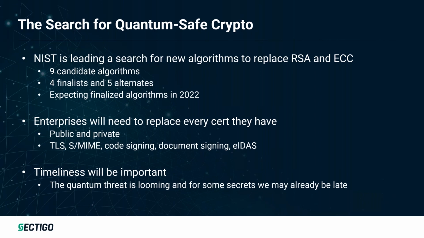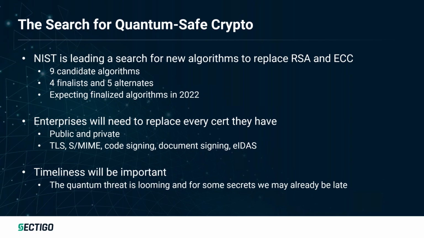They need to be fast enough to operate that we can use them in our production systems that sit on our servers, and it'll really work, right? And things along those lines. The encrypted data needs to be small enough that we can push it across our internet connections and it will really work. So that stuff's got to get checked out too. So these 4 finalists are there, and the 5 alternates are there in case the finalists really fall apart. We've got another set that's being vetted as well.